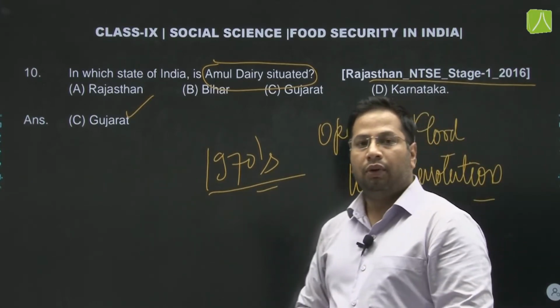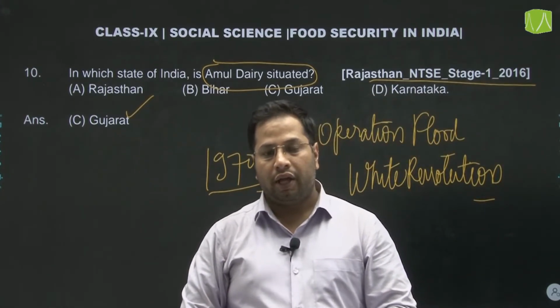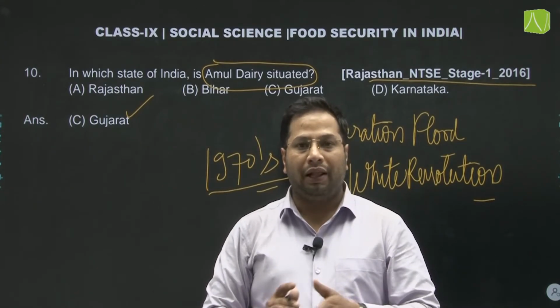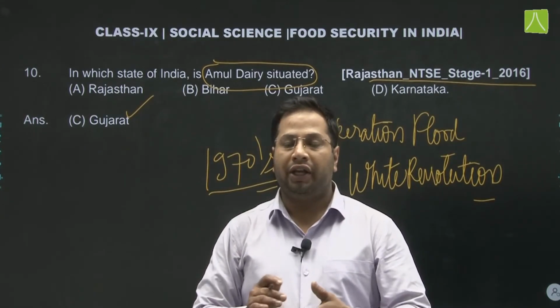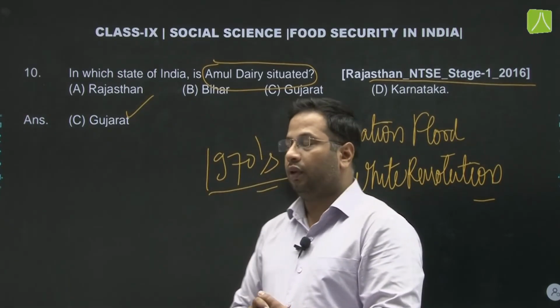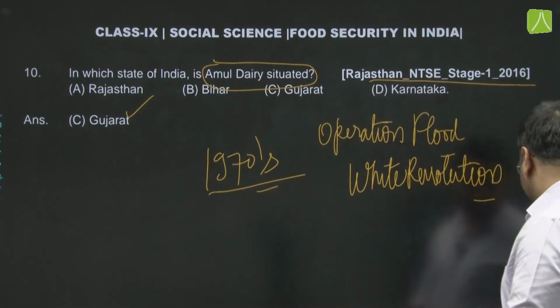So it started from a district called Anand in Gujarat, and later on it went on to become the largest milk producing and dairy item selling institute of the world. Let's move on to the next one.